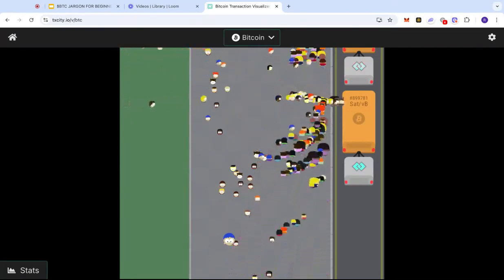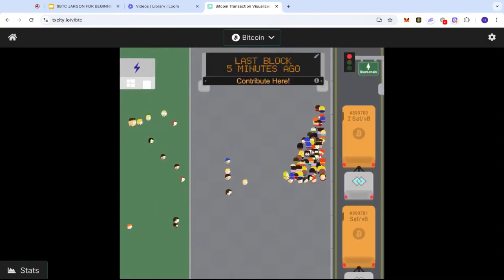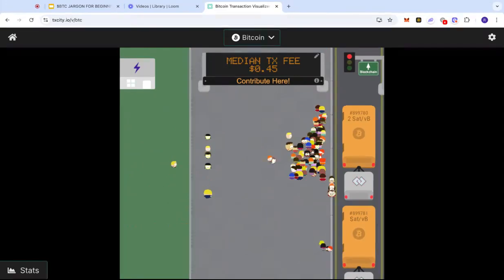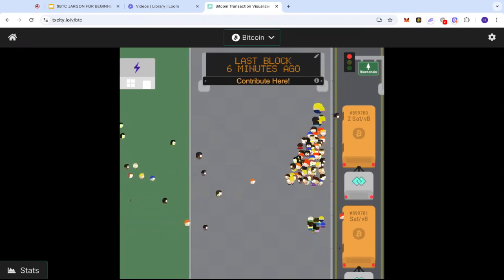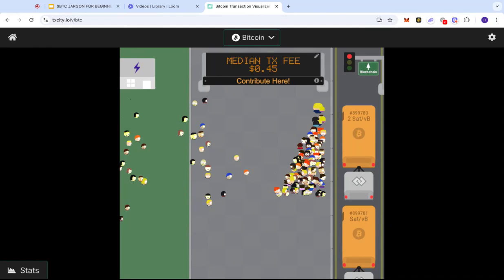Basically, you can bribe the miner by increasing your transaction fee. I'm coining another term, transaction fee, which we'll discuss later. For now, just keep in mind that the miner will tend to pick the transaction with the higher fee first and add it into the block.